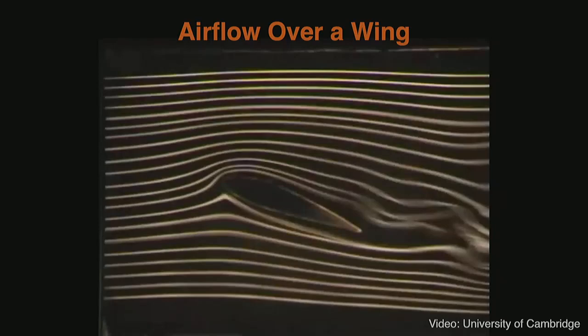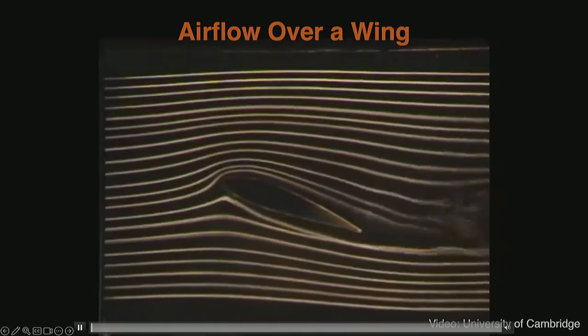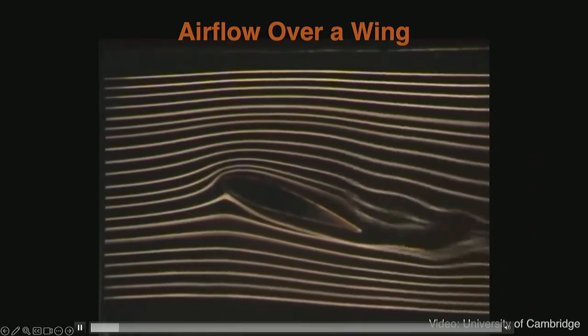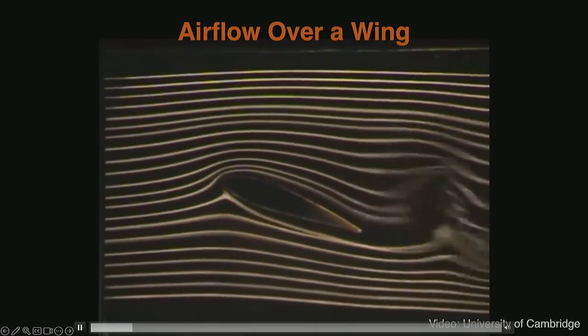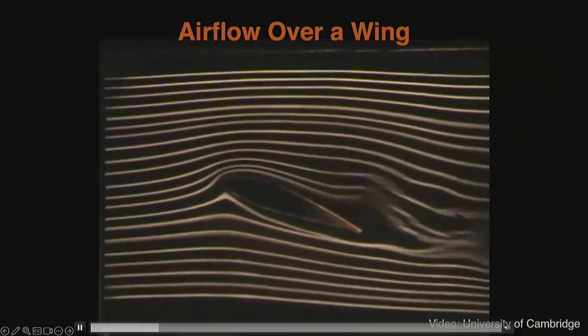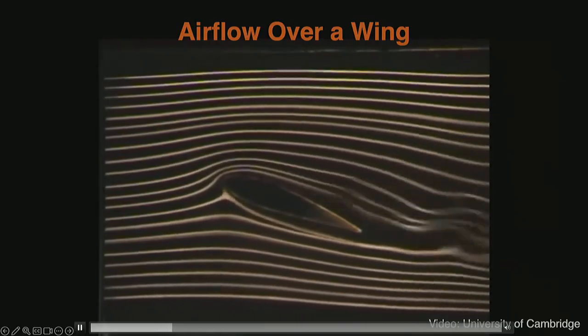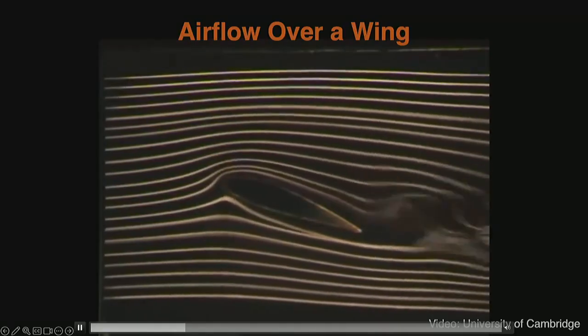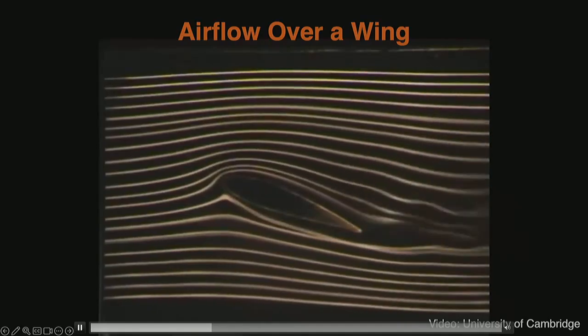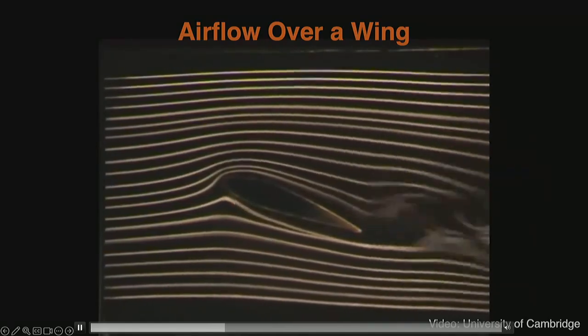This is the shape of a wing, and they put certain dyes to make the air visible, essentially. That's why you're seeing these lines. And so if I hit play, notice what you're observing, right? So the air is flowing from left going right. Notice it's very smooth at the very beginning, right? It goes over the wing, under the wing, and once it comes out the back, you can see it's shaking a lot more, right? It's not as smooth, right? So something just to notice.